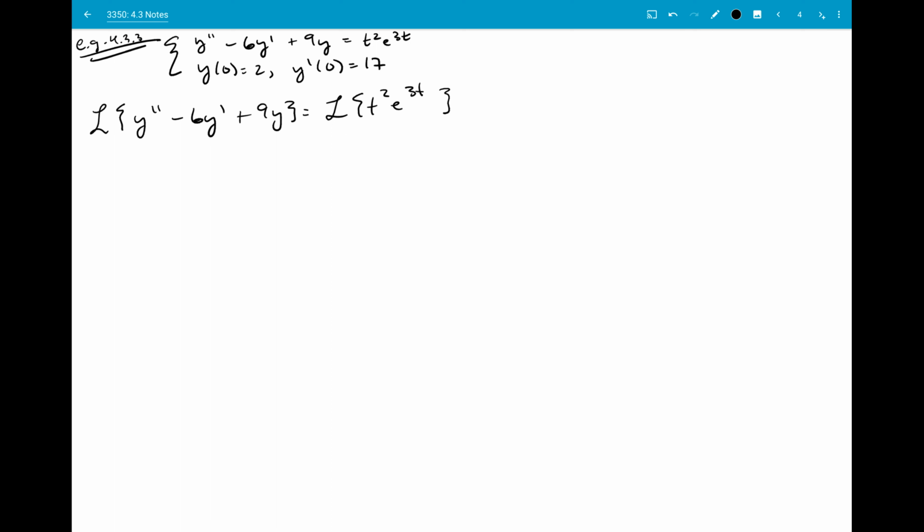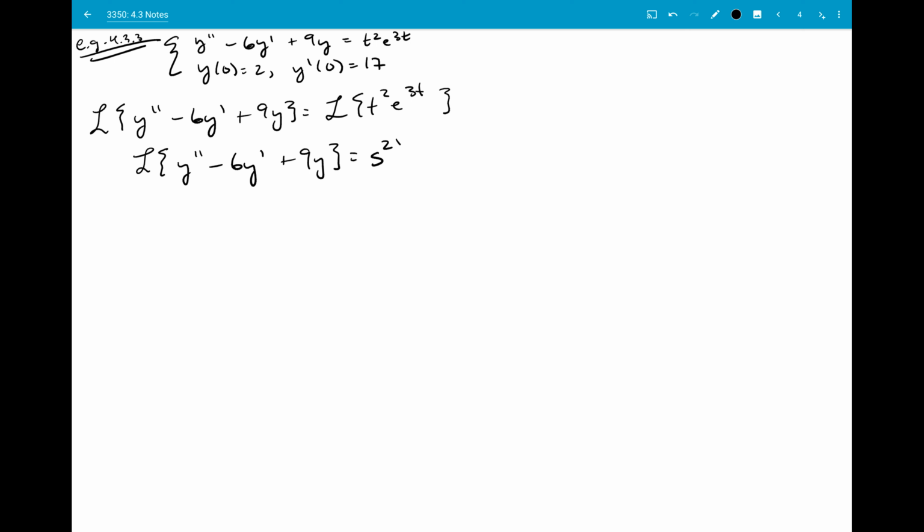Let's do the left-hand side first because it's more familiar to us, so it should go more quickly. To take that Laplace transform, we're going to use derivative rules and linearity.